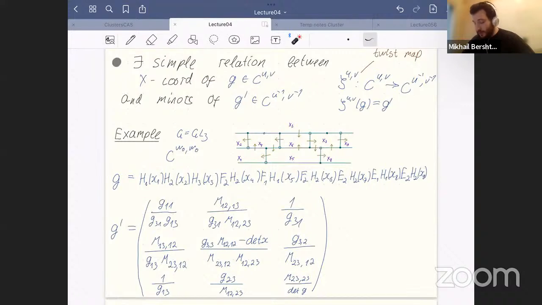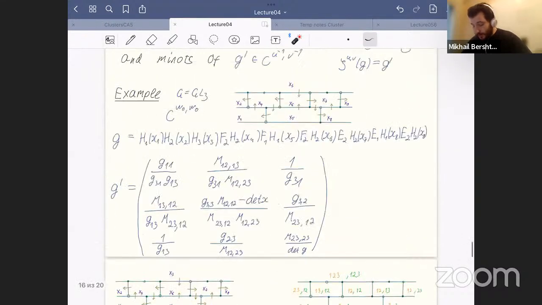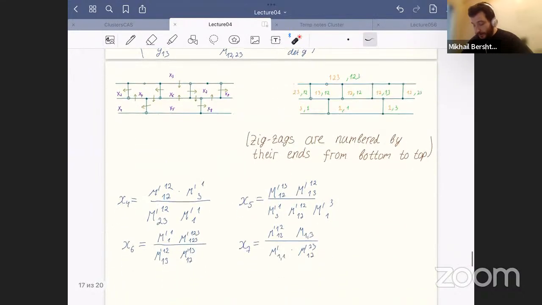I will not explain the origin of this formula, but I will rather state the consequence of the existence of this formula. And the consequences are like this.